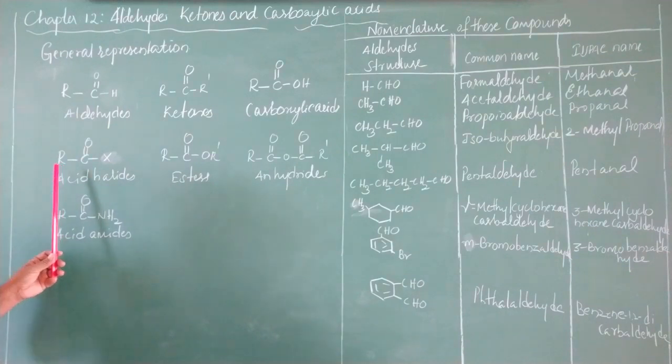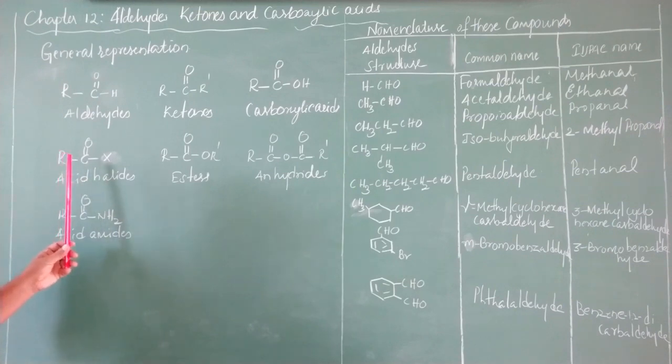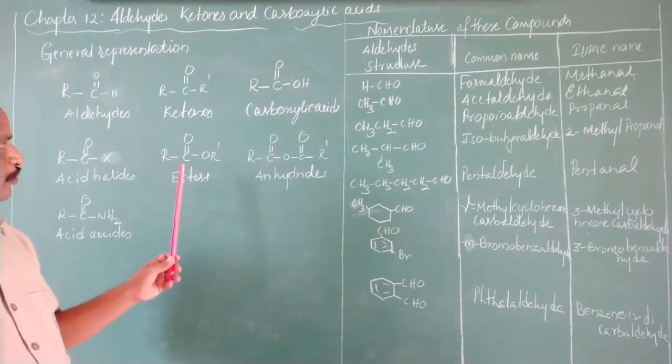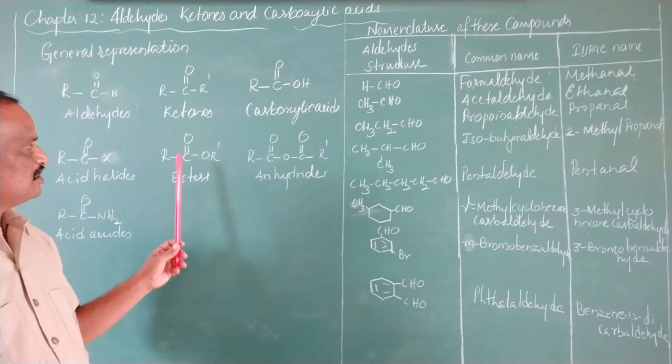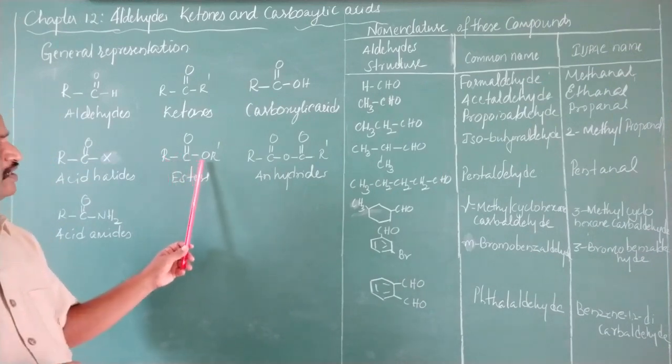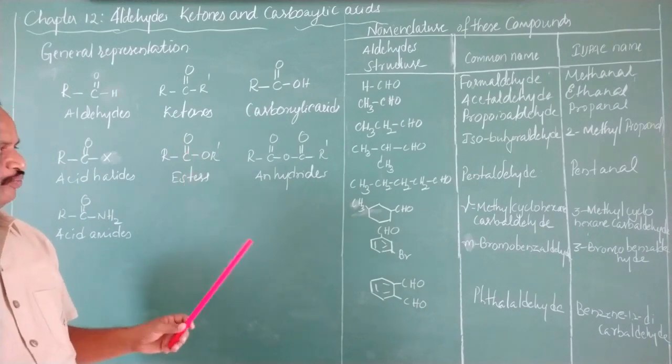In case of acid halides, one side R group is there, alkyl or aryl group, other side halogen is there. So this carbonyl group is bridged between these 2 groups. In case of esters, the carbonyl group is bridged between an alkyl group on one side and the OR' group on the other.